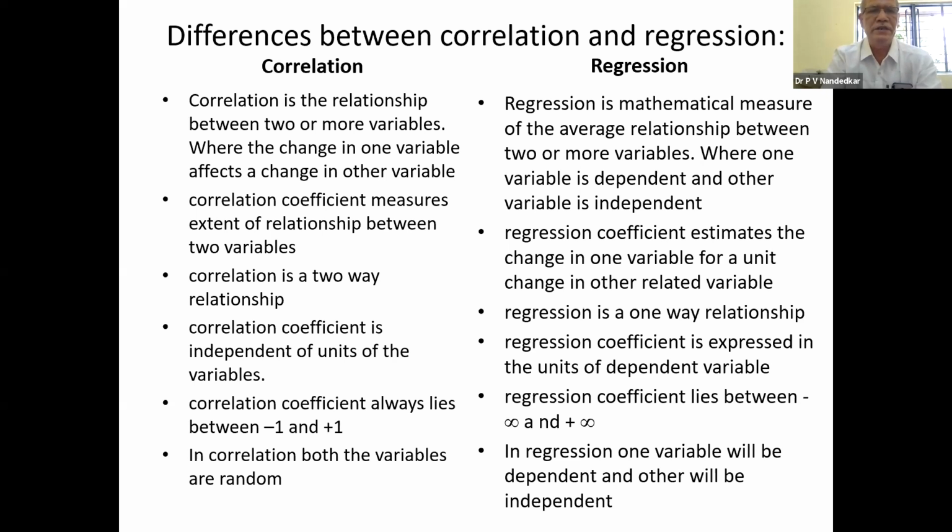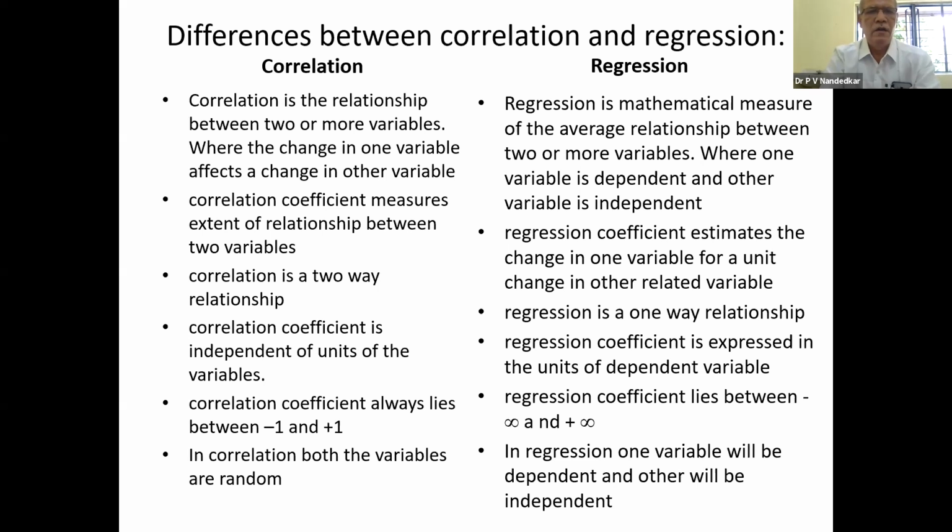The correlation coefficient measures the extent of the relationship, whereas the regression coefficient estimates how much the dependent variable will change due to a unit change in the independent variable.